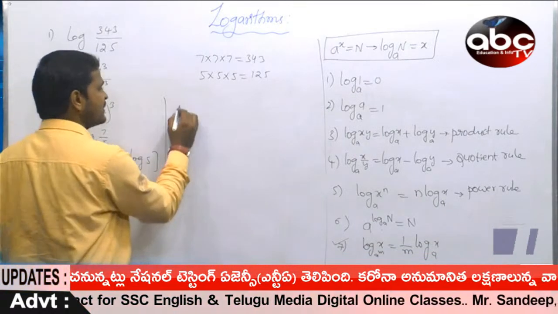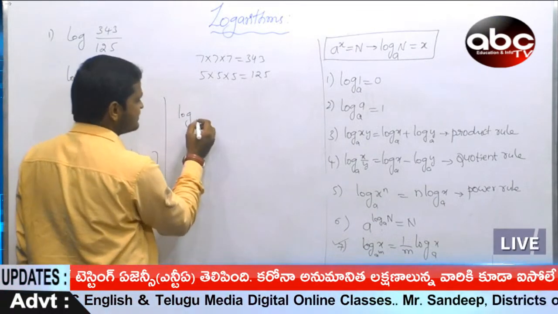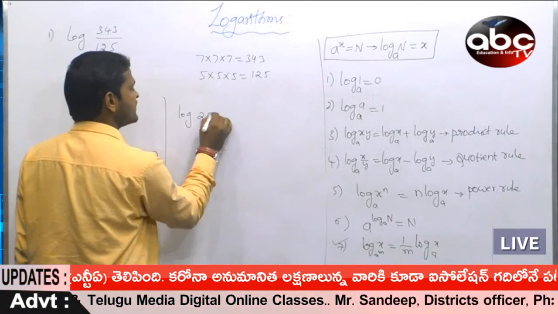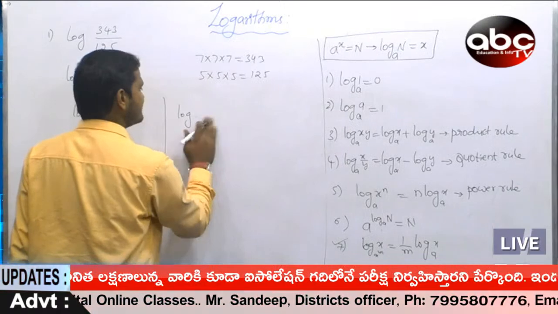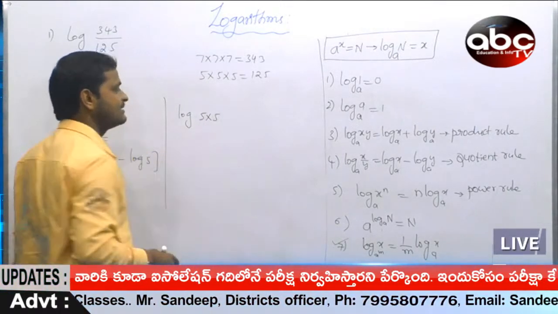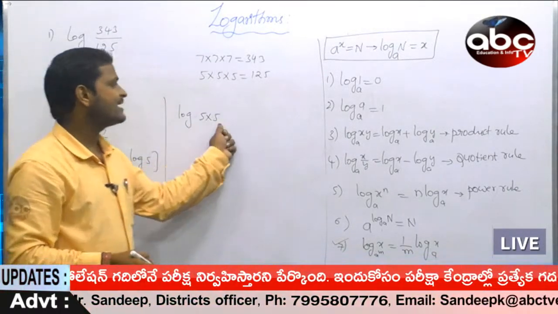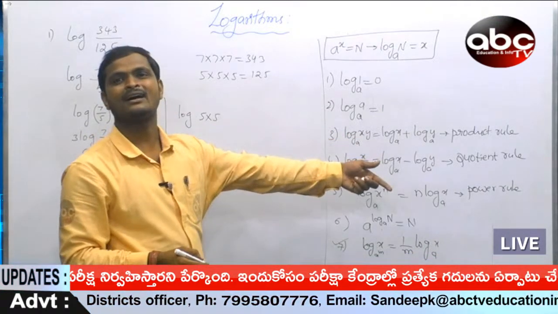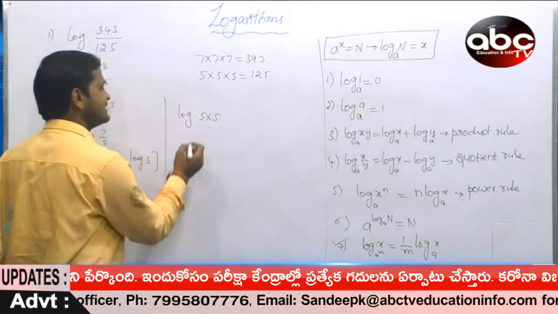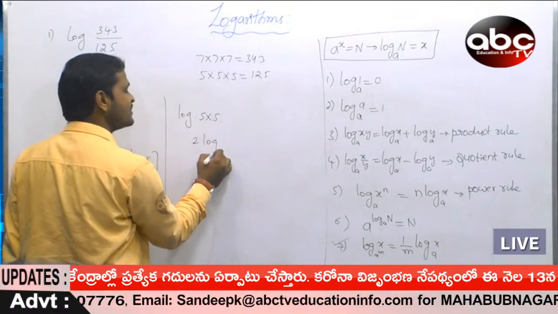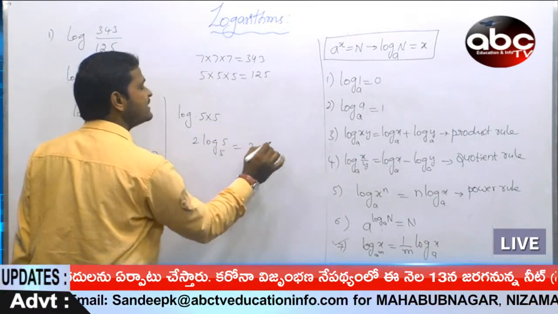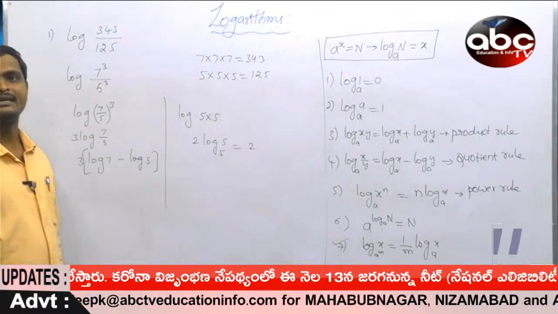Suppose for example log 25. How to expand? 25 is 5 into 5, so log x into y is log x plus log y, or you can write 5 square. We get the answer 2 into log 5 base 5.